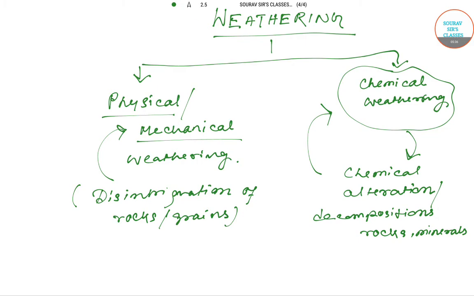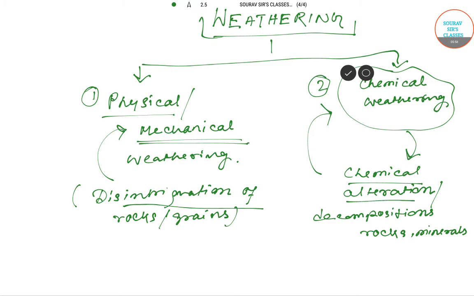In geology we can classify weathering into two types, and the first one is the physical or the mechanical weathering, that is disintegration of rocks and grains, and the chemical weathering, that is chemical alteration. This is the second one, by the way.